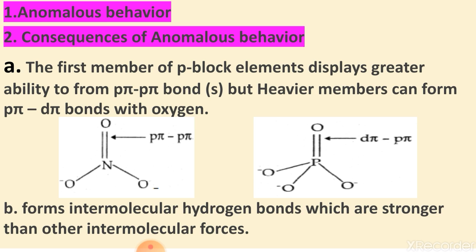This results in high melting and boiling points of compounds having N-H, O-H or F-H bonds. So this is also a consequence of anomalous behavior of the first element of each group.